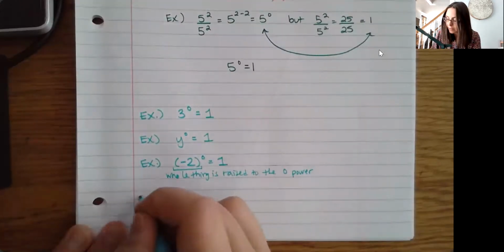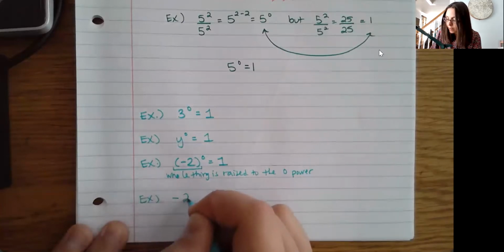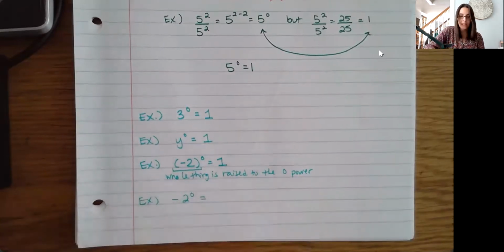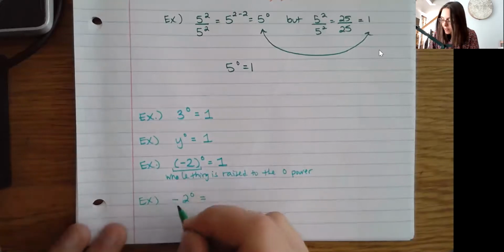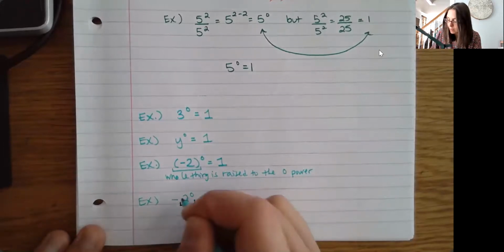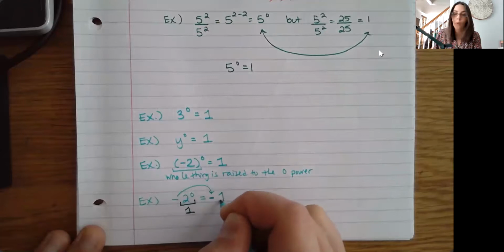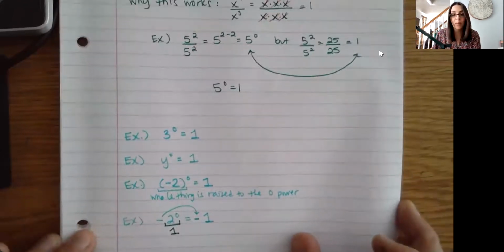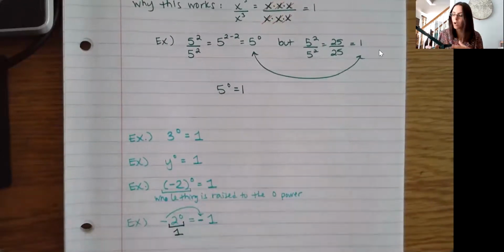If I have something like negative 2 to the 0 power without parentheses, well, this is a little bit different because this part here is 1, but that negative is not part of the exponent. It's just like when we're squaring things with negatives, right? We have to be a little bit careful. So it's the same thing here. So this becomes negative 1.